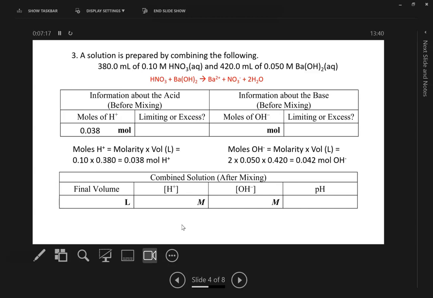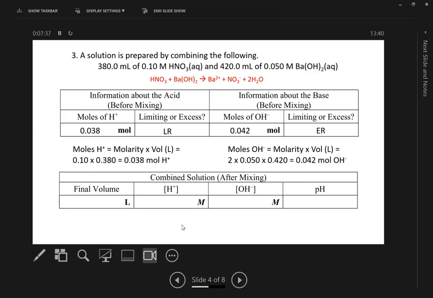So 2 times 0.05 times 0.420 gives me 0.042 moles of hydroxide. So I put that in the table, and now I can see that my excess reagent is the base. It's just the opposite of the first problem.